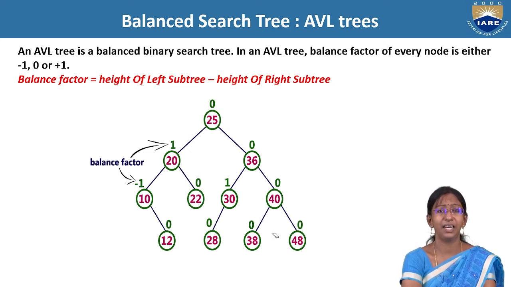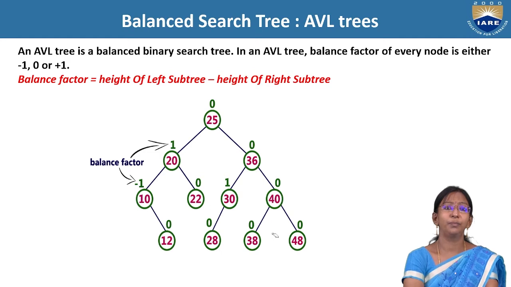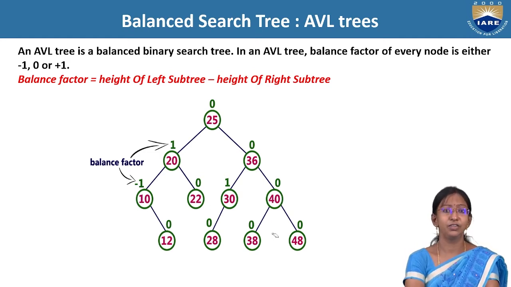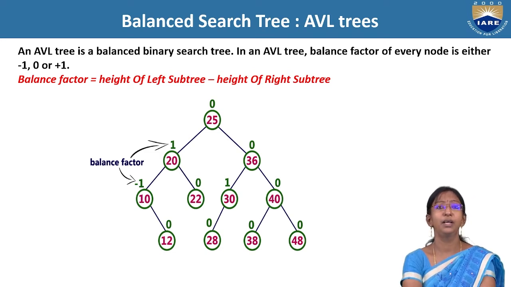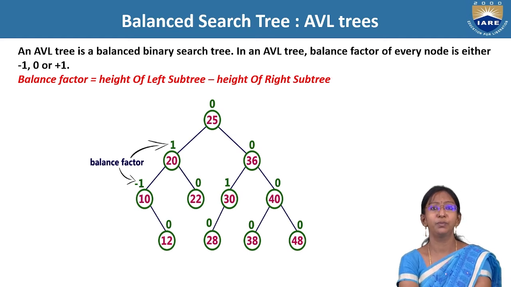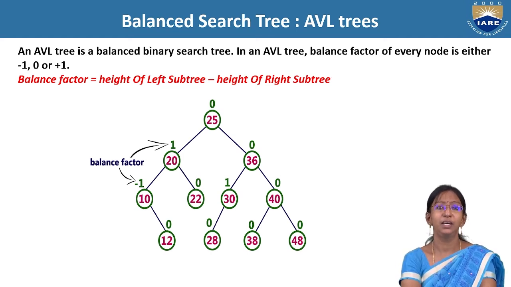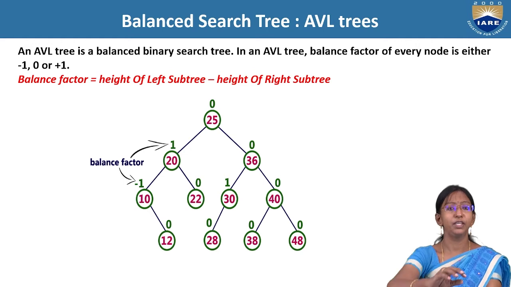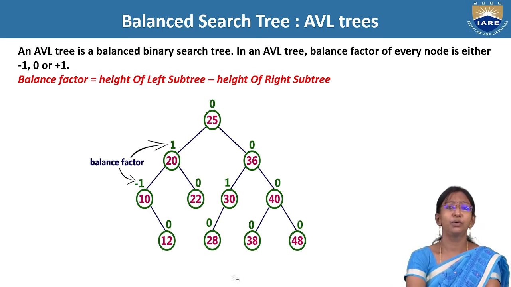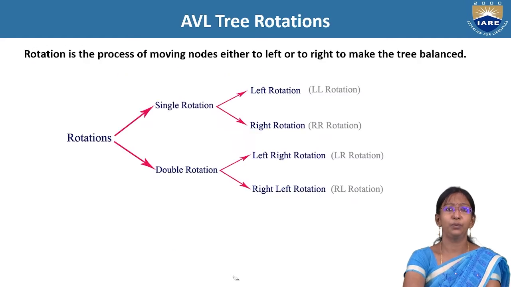It will increase the height of the tree. To overcome that, we go for AVL trees, where both operations, insertion and deletion, are based upon balance factors. Balance factor is nothing but the difference between the height of the left subtree and the right subtree. For each and every node we have to calculate it, right? So using that we can do it.